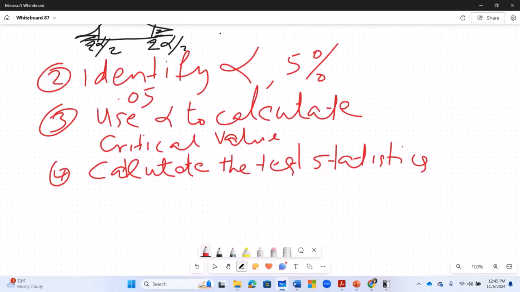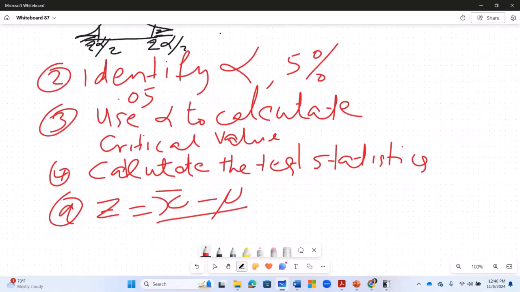If I'm calculating for t or z, let's say it could be this. If it is z, then I will do z is equal to central limit theorem z, that's what we just talked about in the previous class, minus mean over standard error.